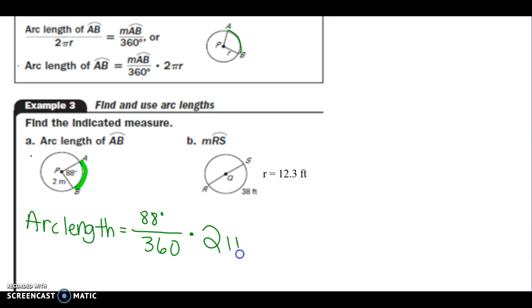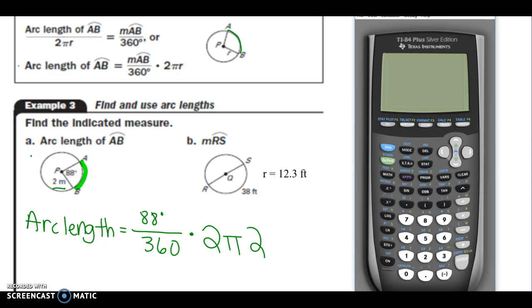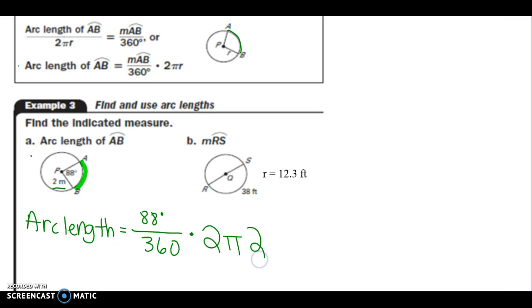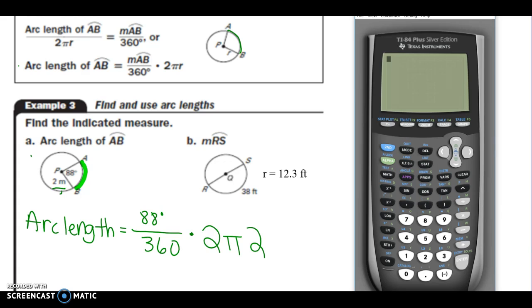So 2 pi, and our radius is 2 meters. I'm going to bring out my calculator and type it in just like this, because it's 2 pi times the radius, which is 2. You could simplify that to 4 pi. It's the same thing, so I'm going to do it exactly how it looks.